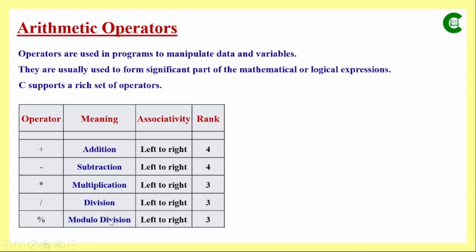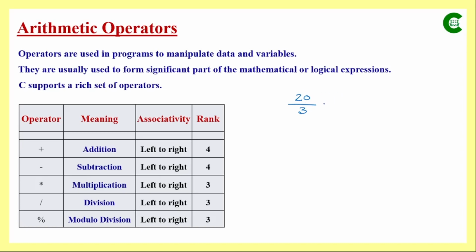Modulo division is nothing but calculating the remainder part of any division, and that is only applicable when both the operands are integers. Suppose one of the operands is 20 and the other operand is 3. If we perform the division, then in decimal we will have some value which will be 6 point something.